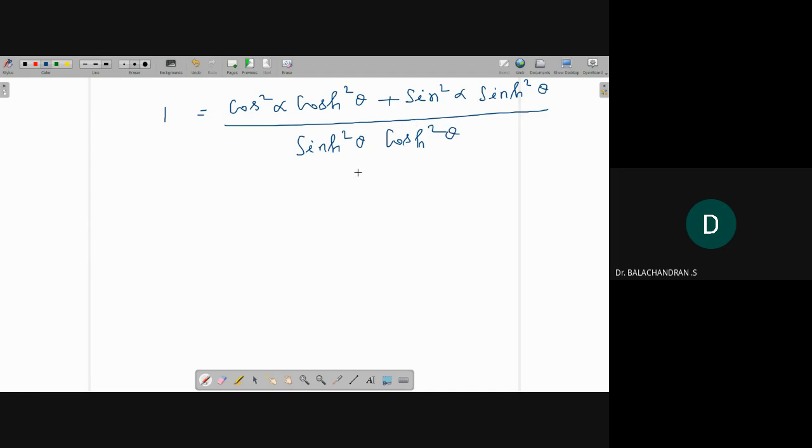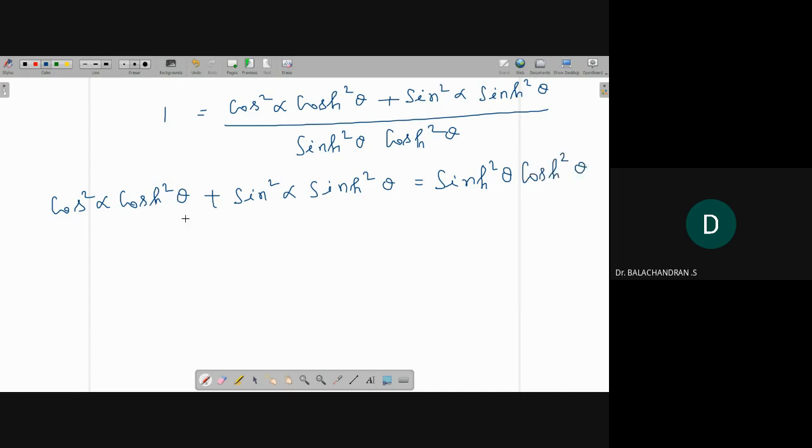Okay. So now cross multiply. So cos square alpha into cosh square theta plus sin square alpha into sinh square theta equal to sinh square theta into cosh square theta.